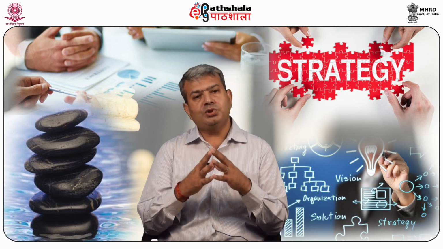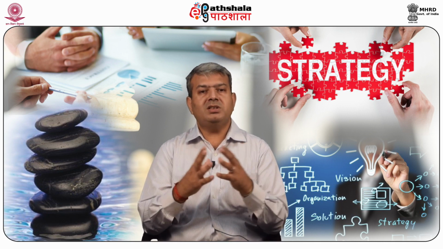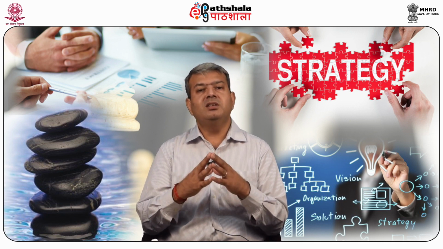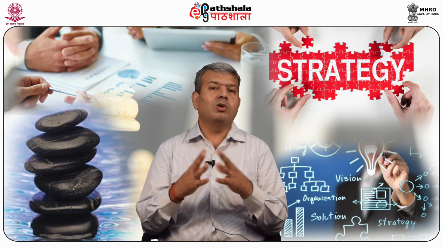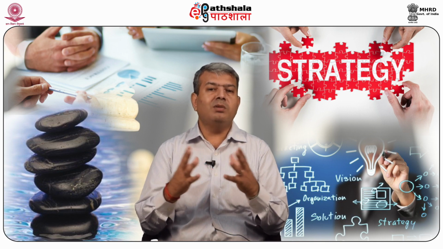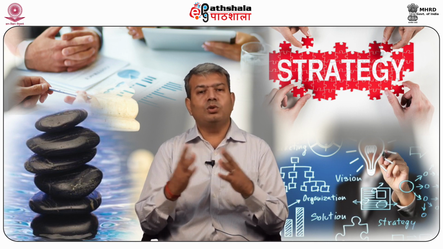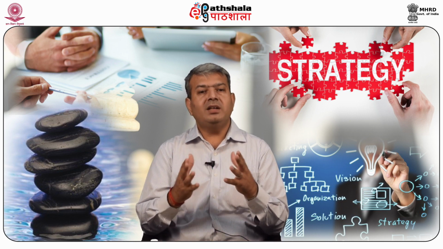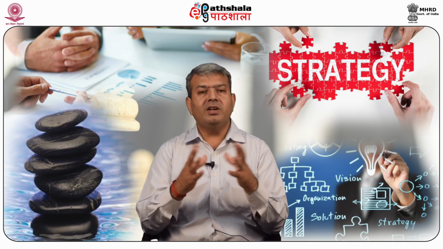The next approach is the business intelligence approach. Students, business intelligence basically represents various tools and systems that play a critical role in the strategic planning process within the corporation. These business intelligence systems allow a company to gather, store, access, and analyze corporate data to aid the decision making process. Technology here plays a very critical role.